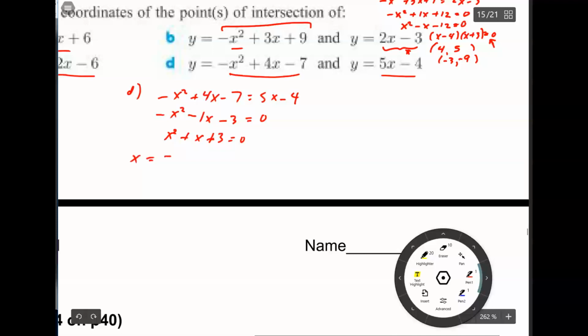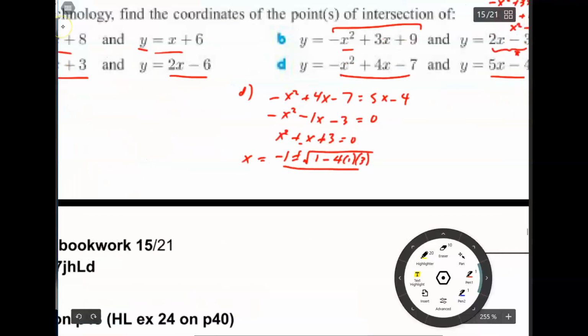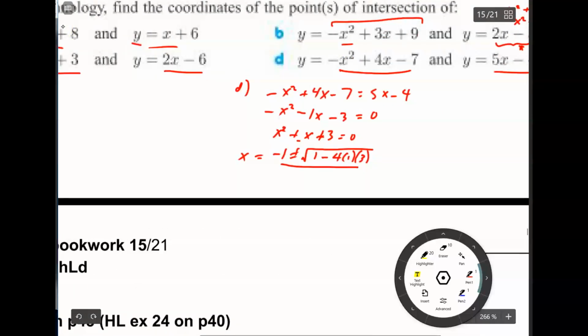So x equals negative b, which is 1, right? Plus or minus the square root of b squared, which is 1 squared, minus 4 times a times c. So do you see how 1 minus 4 times 3 is 1 minus 12, which is negative 11?